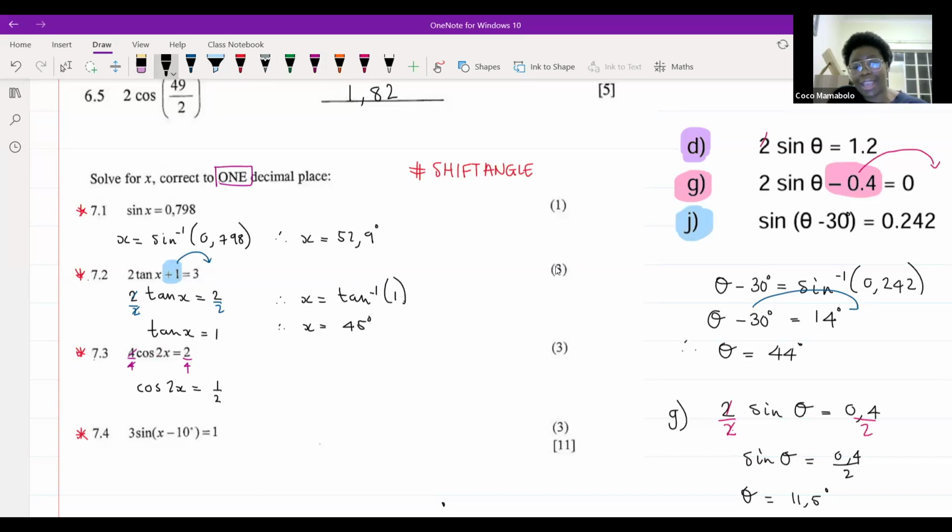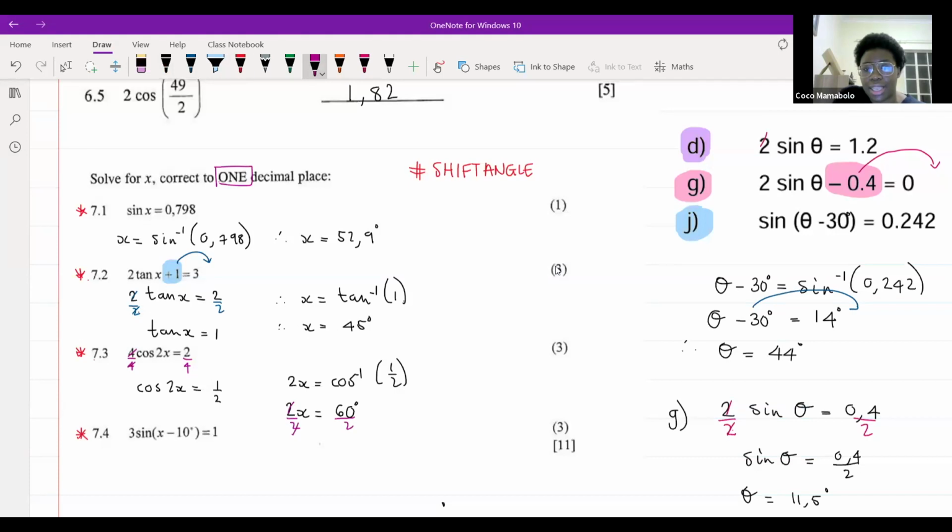To find 2x, I'm going to take the arc cos of a half, or even if you take the arc cos of 2 over 4, it's going to give you that 2x is equal to 60 degrees. Okay, and then to find just x, I need to divide by 2.